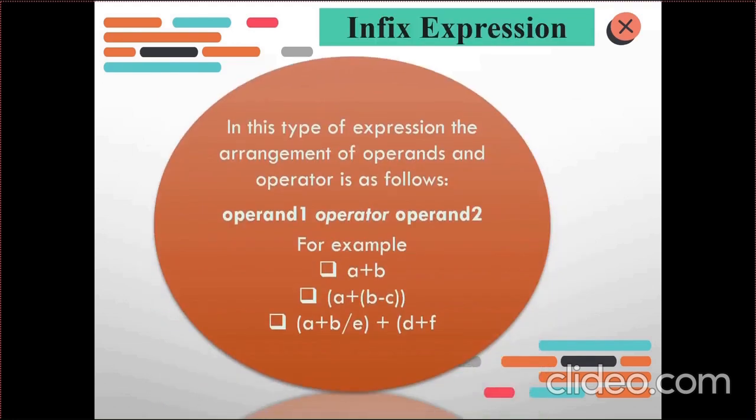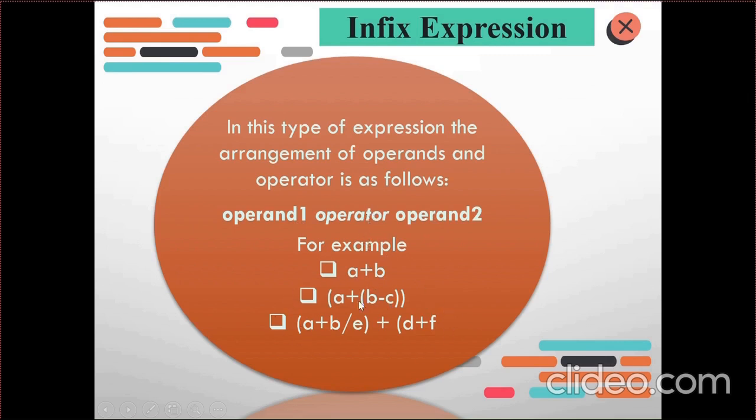So what are the infix expressions? In this type of expression, the arrangement of operands and operators is as follows. That means your operator would be in between the two operands. So you have operand 1 on the left hand side, operand 2 on the right hand side, and in between there is an operator. Examples include, as we were just quoting, a plus b. So a is the operand 1, b is the operand 2, and plus is the operator.